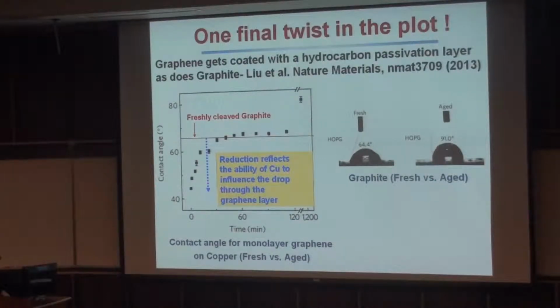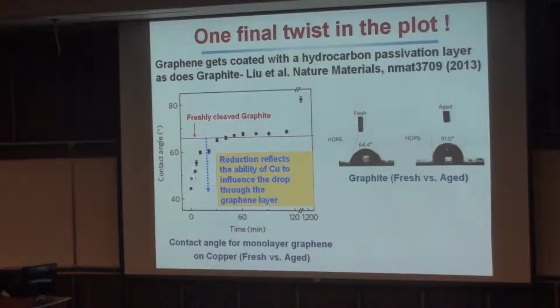You take single layer graphene on copper, this is the final value after about 1 day. And this is what we also measure, because the experiments we did were after about a few days. So these guys get the same value that we get, but immediately after you grow the graphene in CVD, you take it out and you immediately measure the contact angle at time t equal to 0, and you get something like 40 degrees.